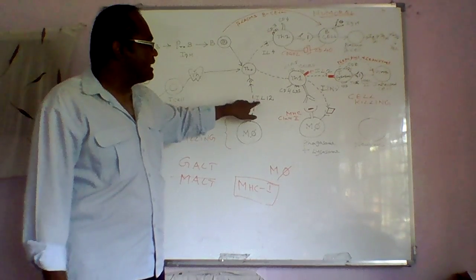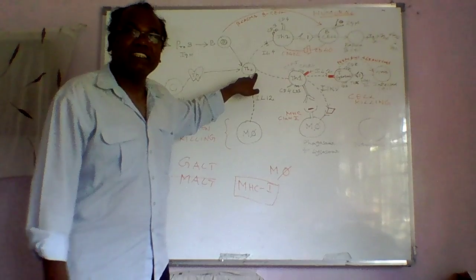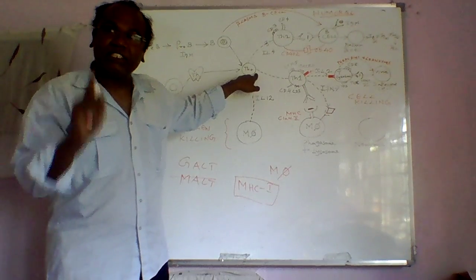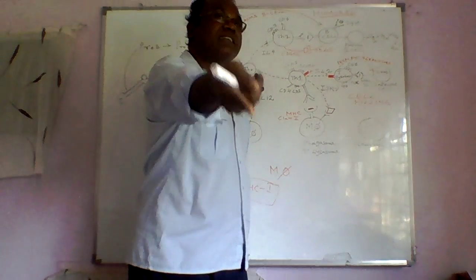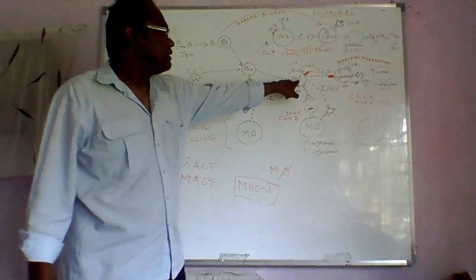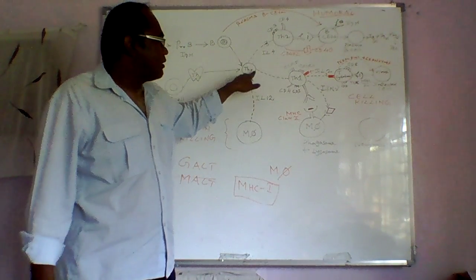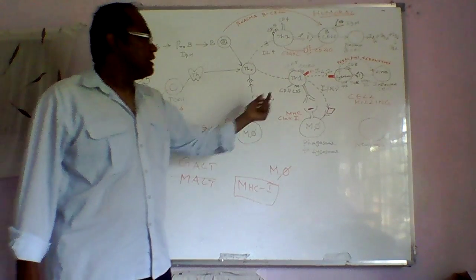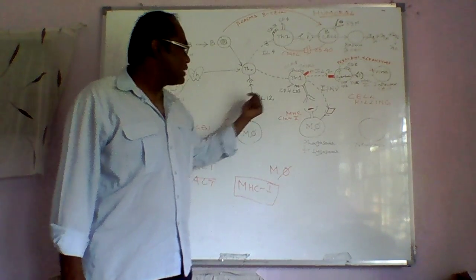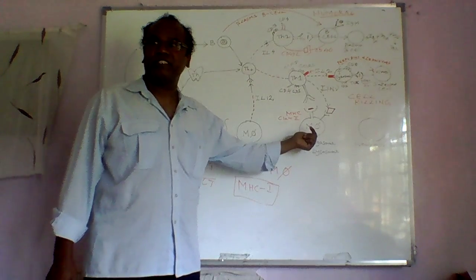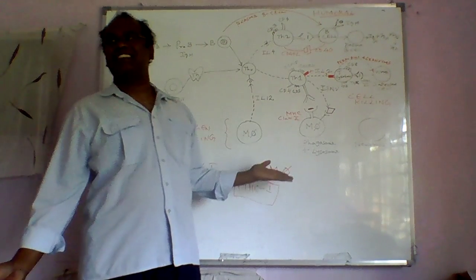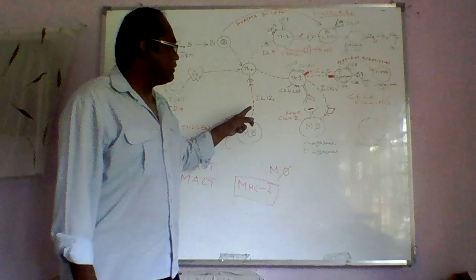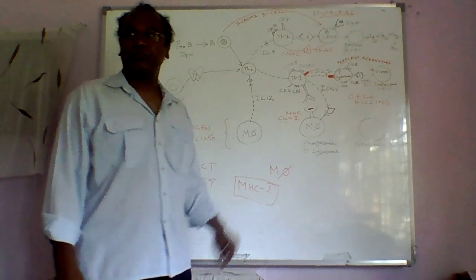So when it recognizes IL-12, this naive TH0 will now become an activated TH1, which is the cell-mediated immunity. Now TH0 becomes a TH1. So now it is geared into action. Who gave this IL-12? It's a macrophage, because it encountered a pathogen. Very simple as that. So now TH0 becomes TH1.